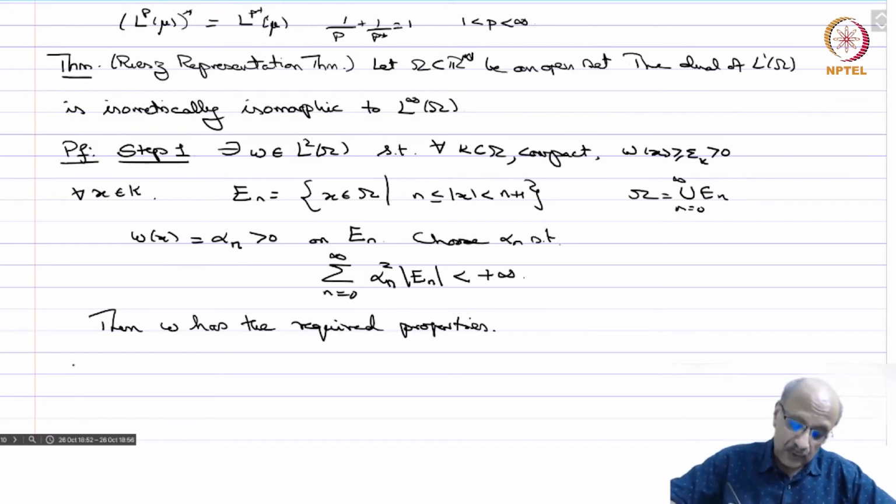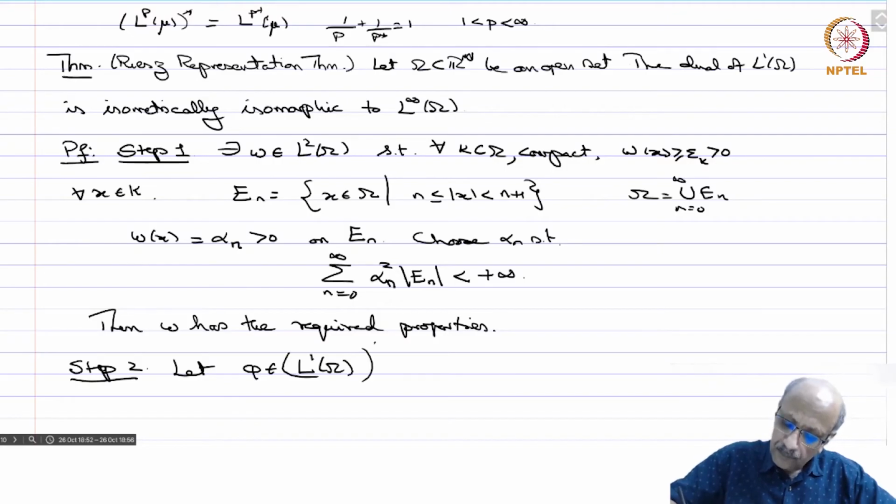Okay, so step 2: let phi belong to the dual of L1 of omega. Now you consider the mapping F going to phi of WF, F in L2 of omega.